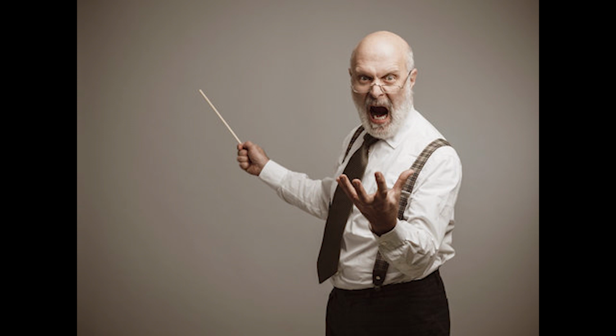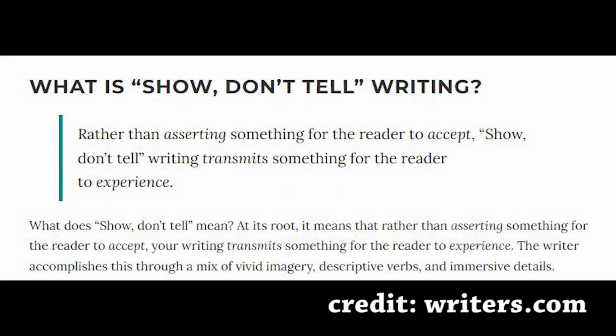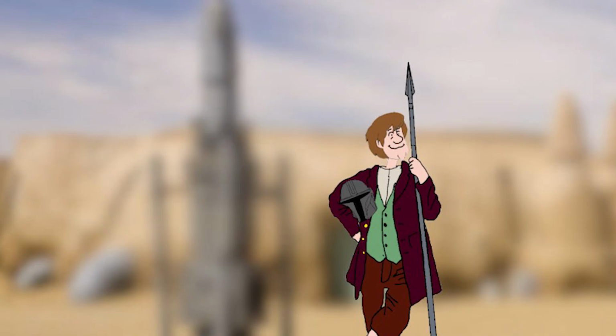But for those who don't know, show don't tell is basically the idea that rather than asserting something for the reader to accept, your writing should transmit something for the reader to experience. Now, what does that mean, right? Basically, when you're telling a story, it's easy to explain exactly what a character is thinking, exactly what is happening in an instance.